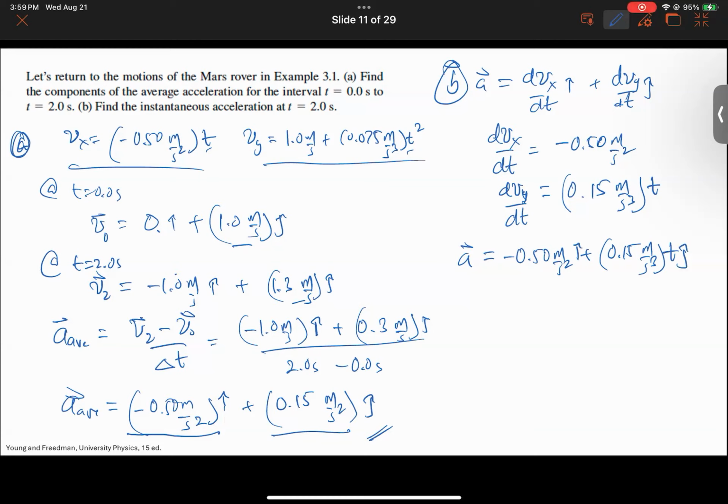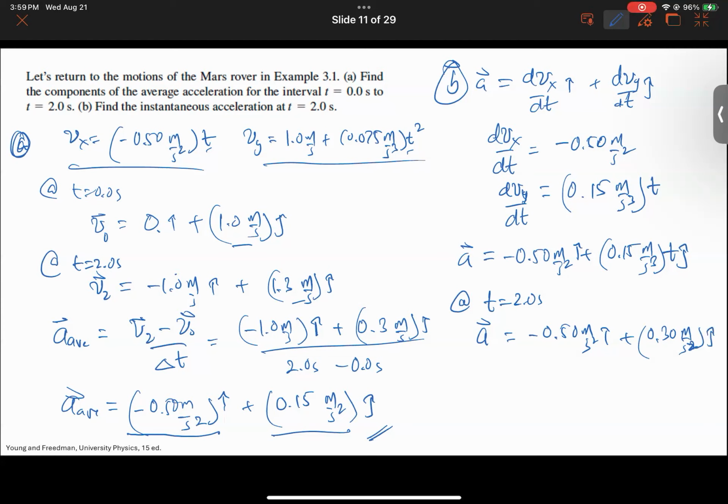And then at t equals 2.0 seconds, you have the instantaneous acceleration vector to be negative 0.50 meters per second squared i hat plus 0.30 meters per second squared j hat.